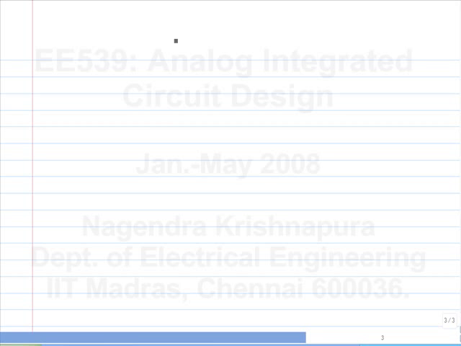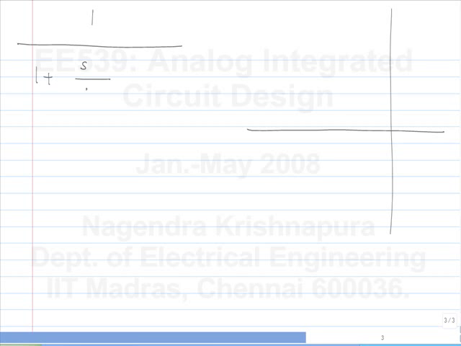So what happens in general as you keep reducing the value of P2? Let's first evaluate the poles. So where are the poles? Where are the poles of the system?